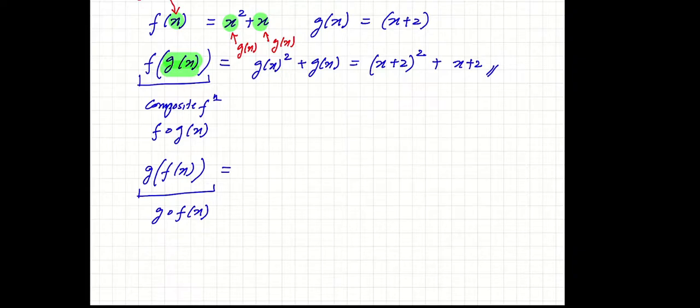Now what is happening here? f(x) is taking the place of x, so it should be f(x) plus 2. And f(x) is x squared plus x, plus 2. And that's the answer.